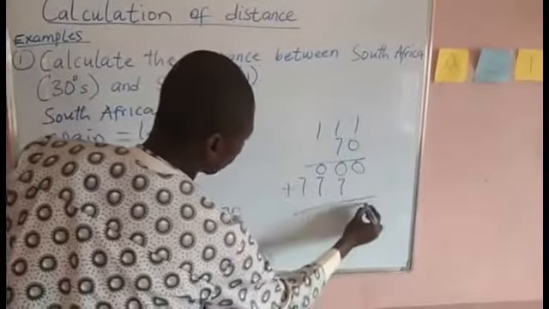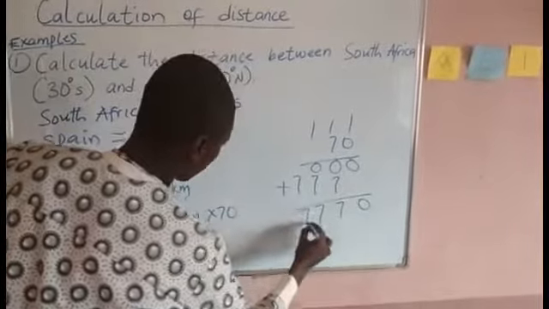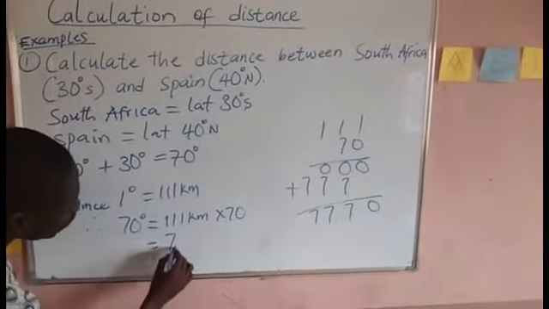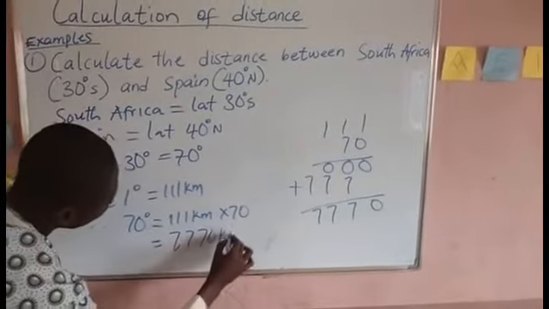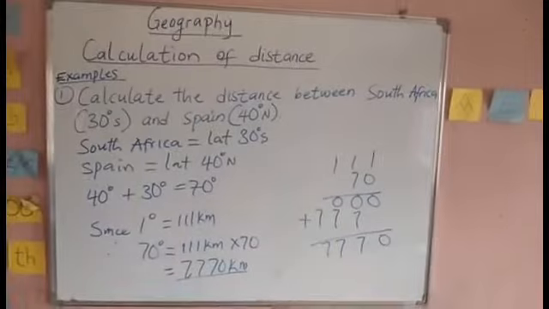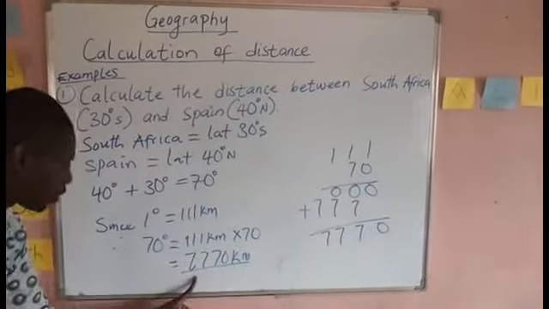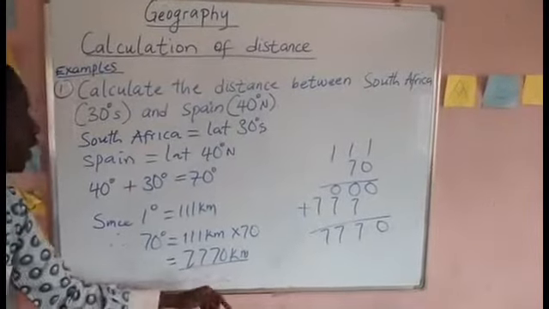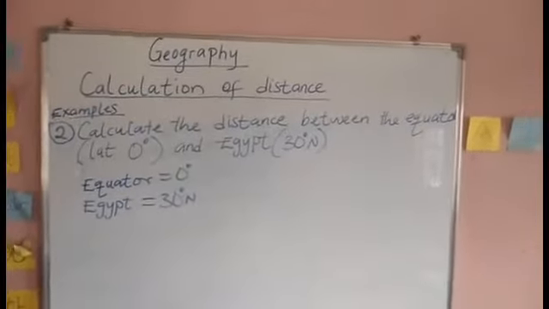Addition: we have 7,770 kilometers. So the distance between South Africa, 30 degrees south, and Spain, 40 degrees north, is 7,770 kilometers.